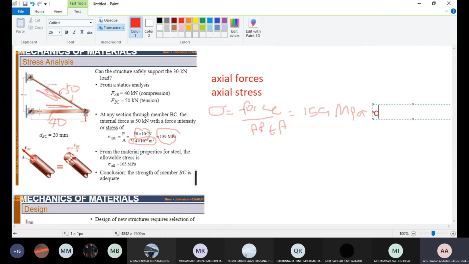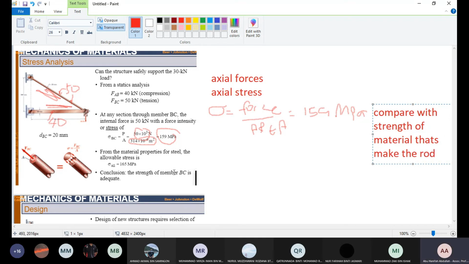And you need to compare with the strength of the material that make the rod, which you make from steel. It is 165 megapascal.